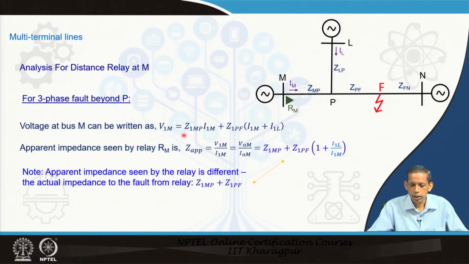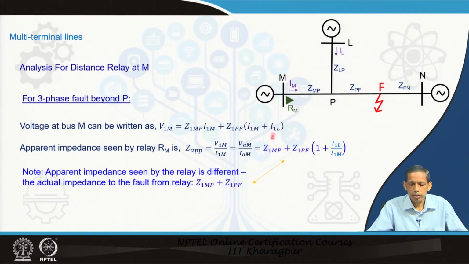We are dividing by I1m, but we now have a term I1L. But the positive sequence impedance between the relay bus and the fault point is Z1MP plus Z1PF. So, the actual positive sequence impedance up to the fault point from the relay bus is Z1MP plus Z1PF.